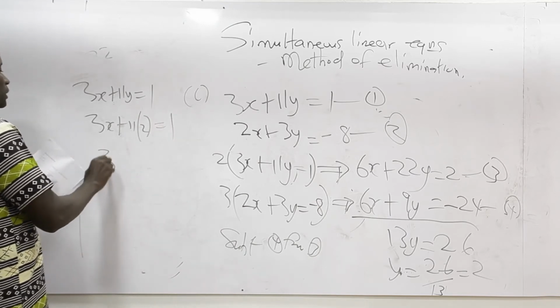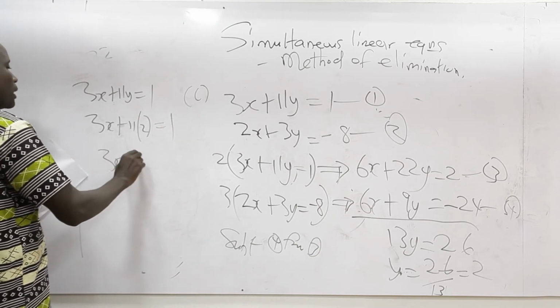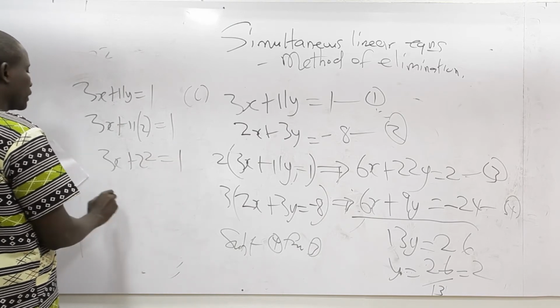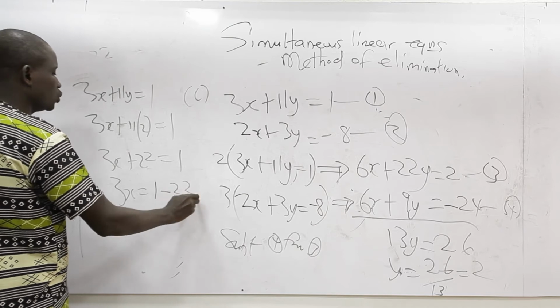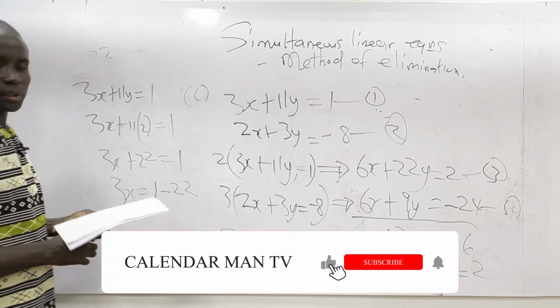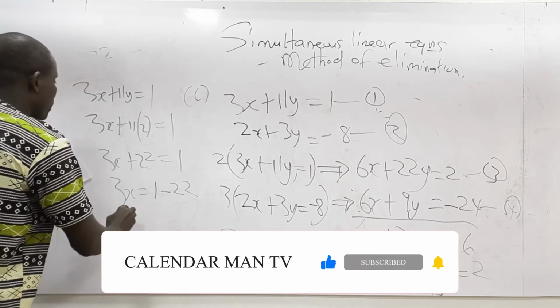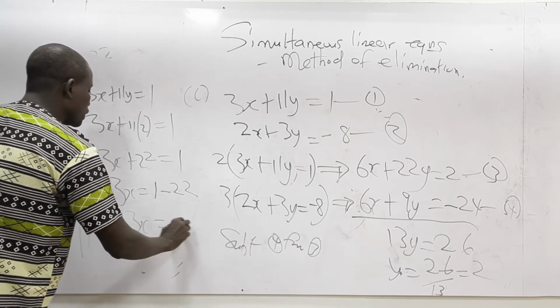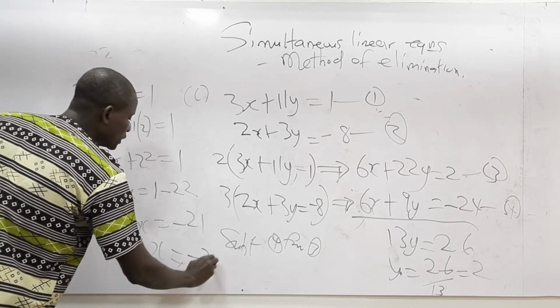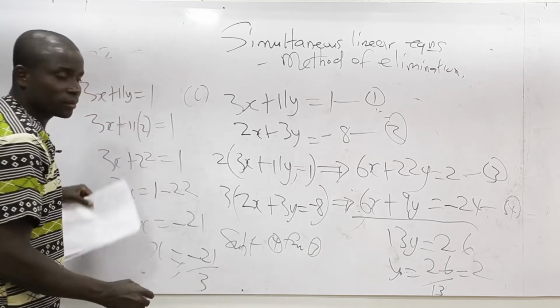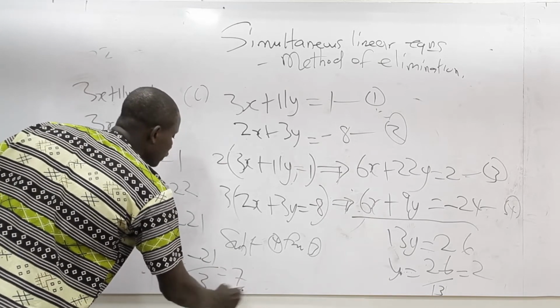So here becomes 3x plus 22 is equal to 1. So 3x is equal to 1 minus 22. Okay. So finally 3x is equal to negative 21, and x is equal to negative 21 over 3. That will be what? Negative 7.